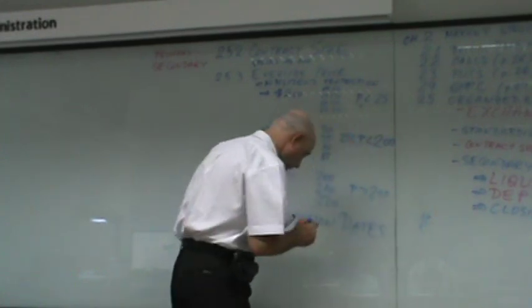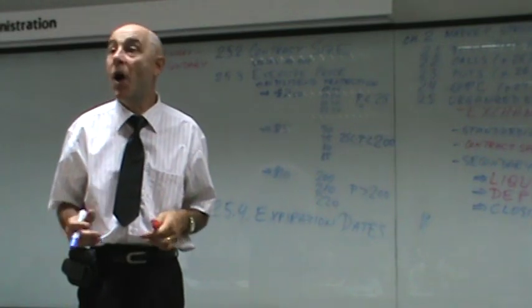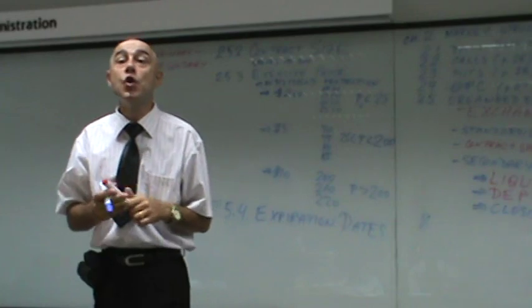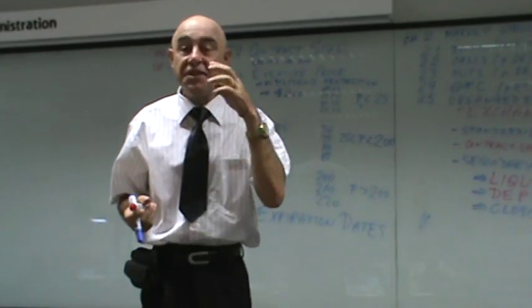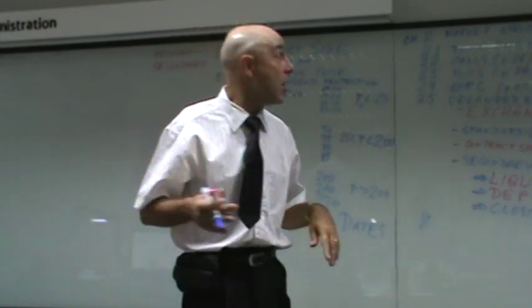Practically all options expire on the same day of the month. We call the options by name. We call them January options, or we call them July options, okay?